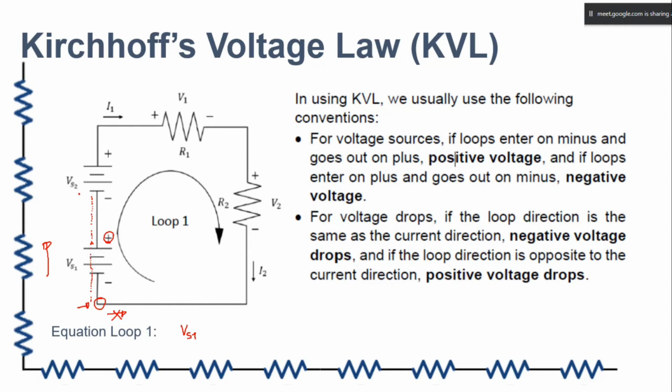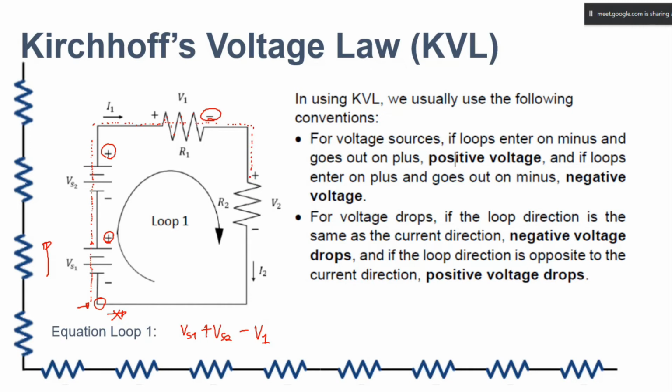Uy, may battery. So, tan-aw na kung sa ako ang gawasan na sign. Ay, positive. So, plus V sub S2. Patuloy ako sa paglalakbay. Uy, naay resistor. So, mugawas ko. Negative. So, negative V sub 1. Then, patuloy sa paglalakbay.